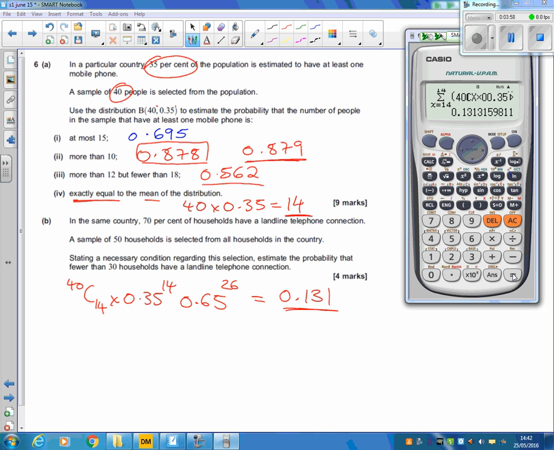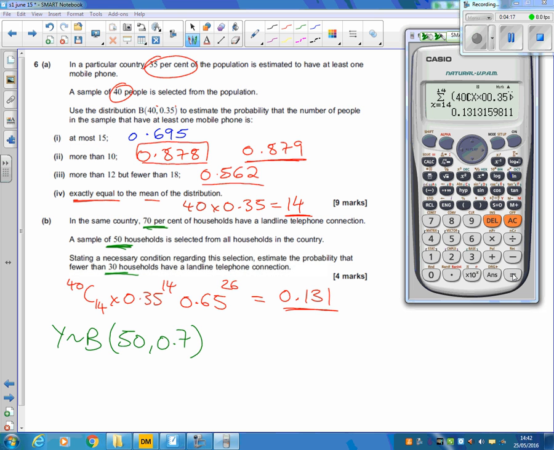For part B then, we've got a slightly different one. We're now talking about a sample of 50 and 70% of them. So this time we're going with a binomial with 50 and 0.7, and we want the probability that fewer than 30.